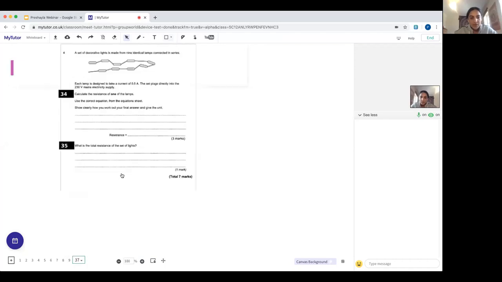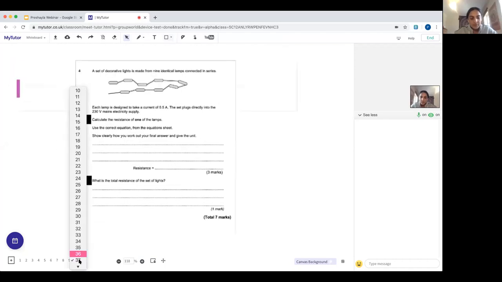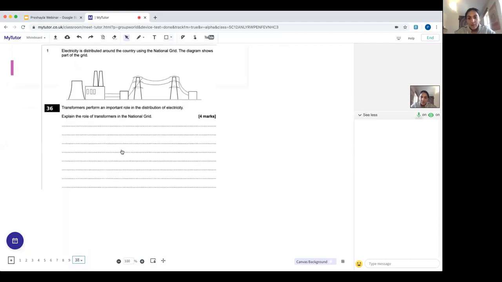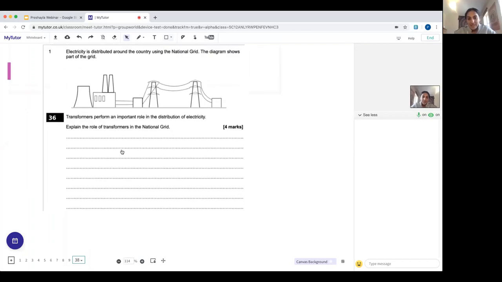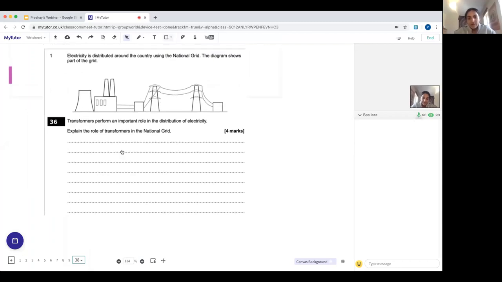Okay, so with these questions, they are actually taken from the 2018 past paper. So the actual GCSE that was set in 2018. So they're really recent and really relevant to your exam board.